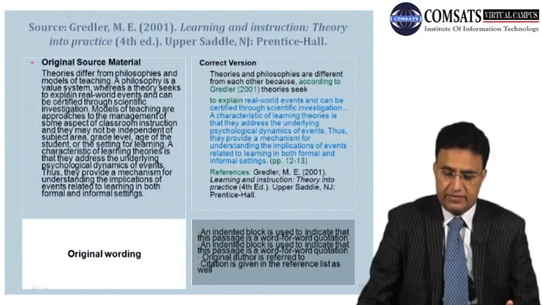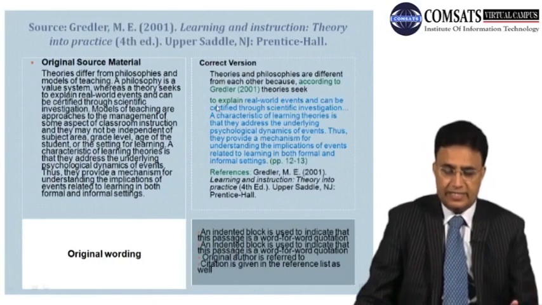And the page numbers are given, PP means pages 12 to 13. Name of the writer is given, year of publication is given, and full reference is provided. It is usually in a block or indented form.